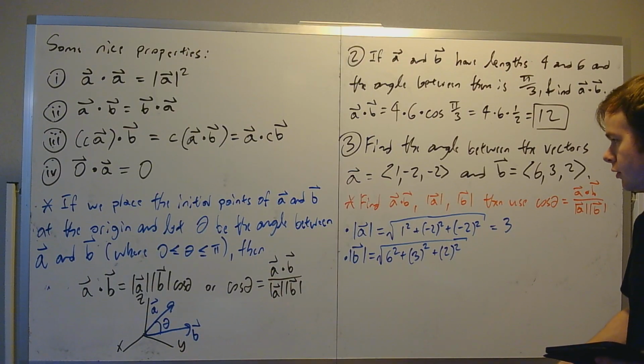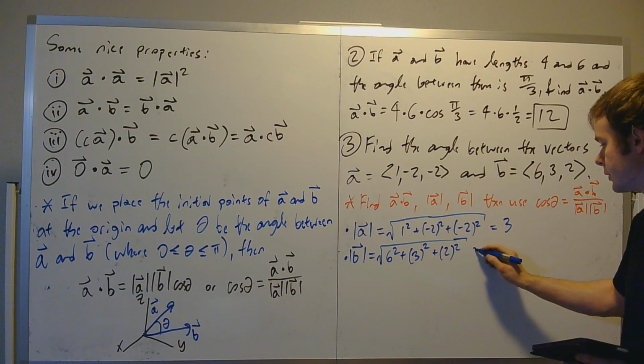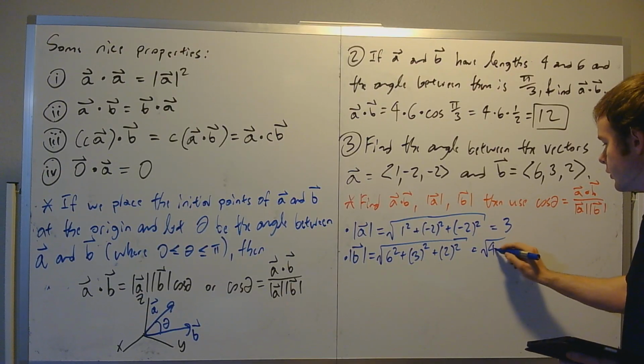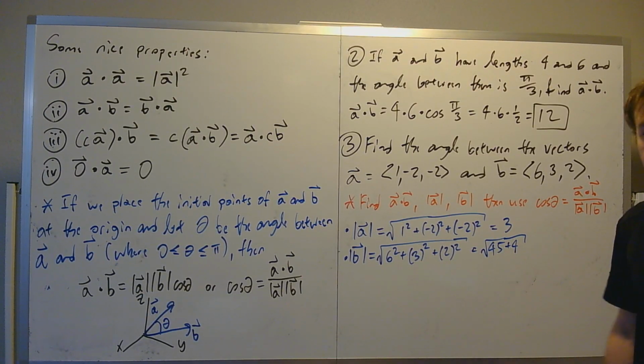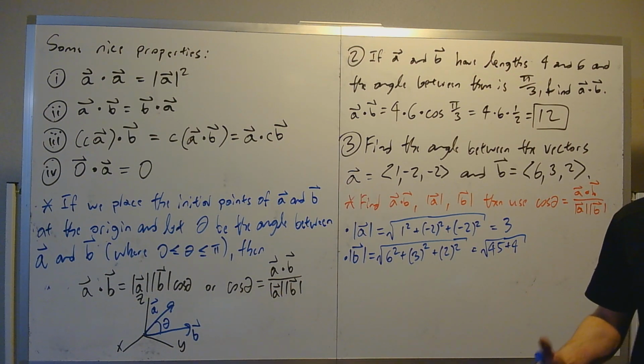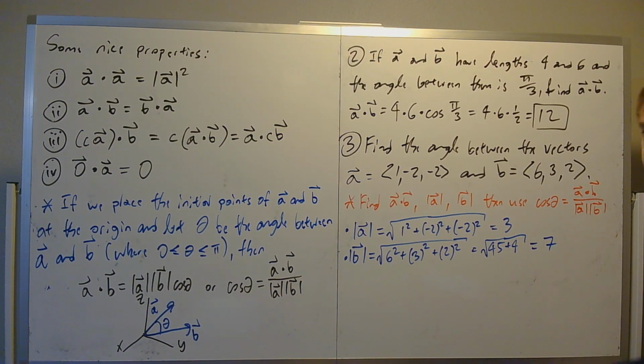So thinking what that would be in my head, 36 plus 9, that's 45. Square root of 45 plus 4. So the square root of 49, so you think what times itself gives you 49? The answer is 7, because 7 times 7 is 49. Okay, so we figured out length of A and length of B.